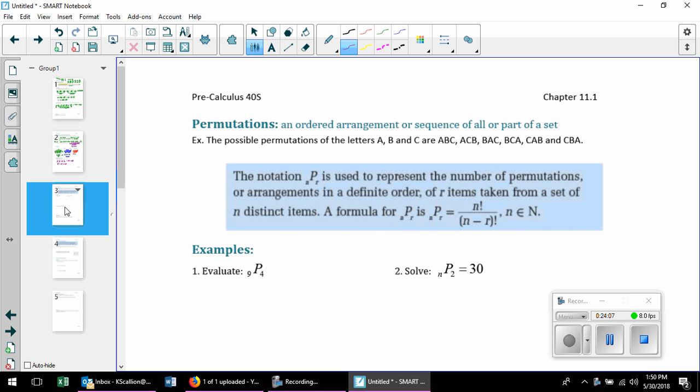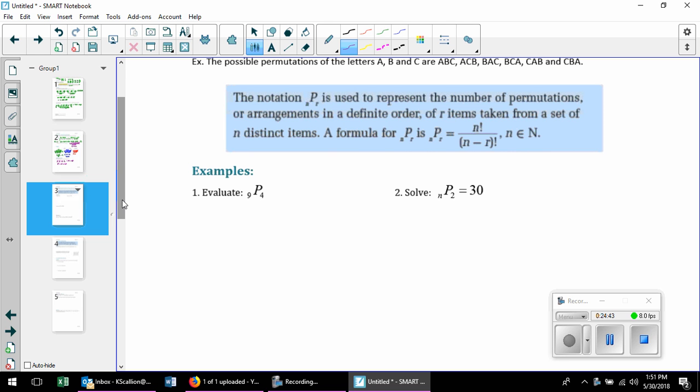It's used to represent permutations, or arrangements in a definite order, of r items taken from a set of n distinct items. So which one's all of them, and which one's the part? n is all of them, and r is just a part of them. Does that make sense, everybody? Perfect, awesome. So this is your formula: n factorial over n minus r factorial.